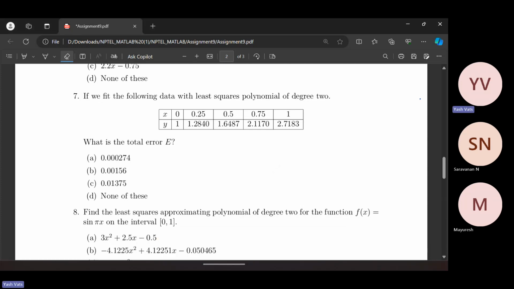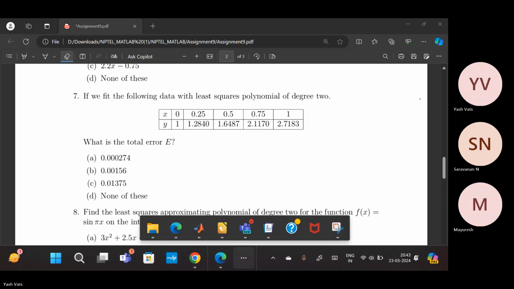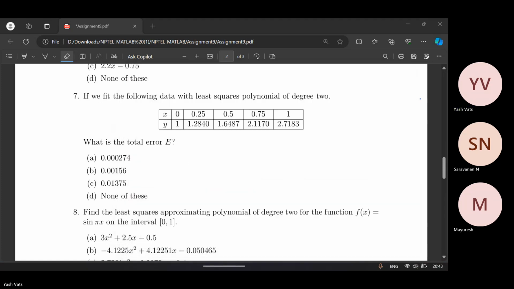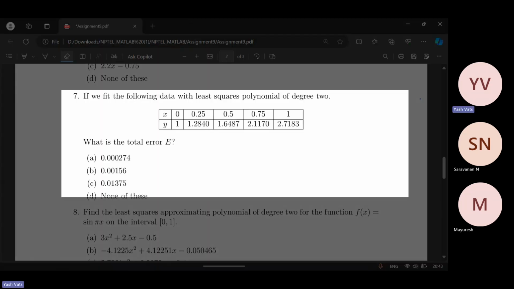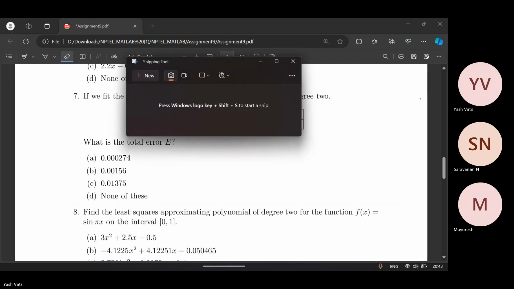Let me do it. You understand how we implement the least square method?